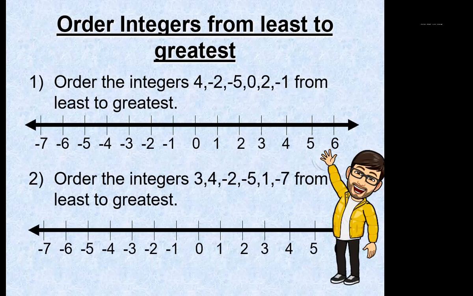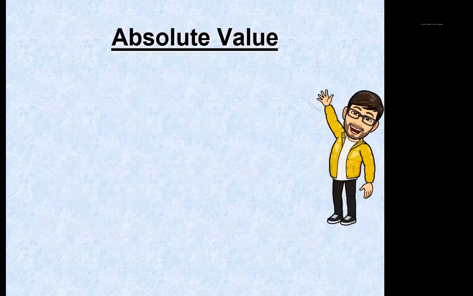Okay? For number 2, negative 7, negative 5, negative 2, 1, 3, 4. Okay, sa number 2.